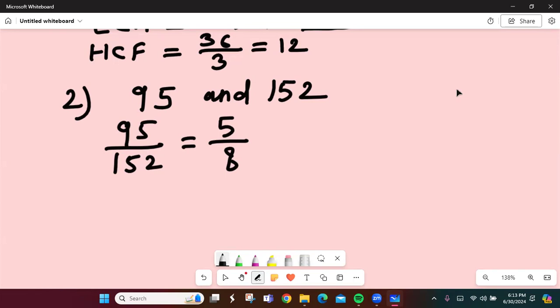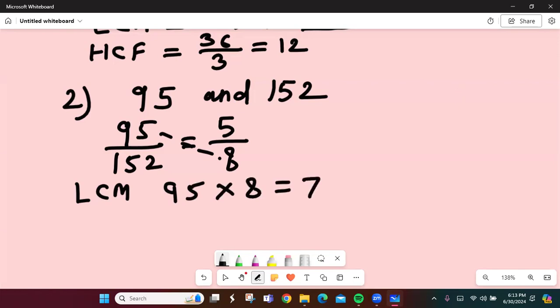Okay, so now to find out the LCM, cross multiply this. So either multiply 95 by 8 or 152 by 5. If I multiply 95 by 8, I'm going to get 760. And as you can see, 95 eights are 760 and 152 fives are 760. So that will be the least common multiple.